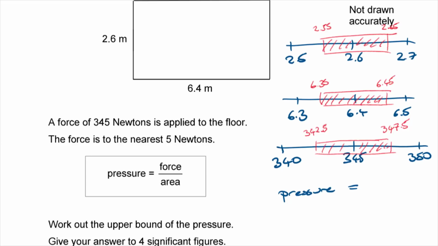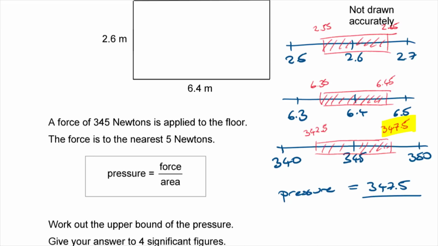Well, I think I need the biggest possible number on the top of this fraction if I'm going to get the largest possible pressure. So I'm going to take the upper bound of my force, 347.5, and I need to divide that by the area.